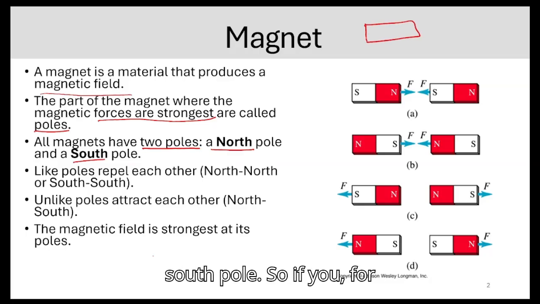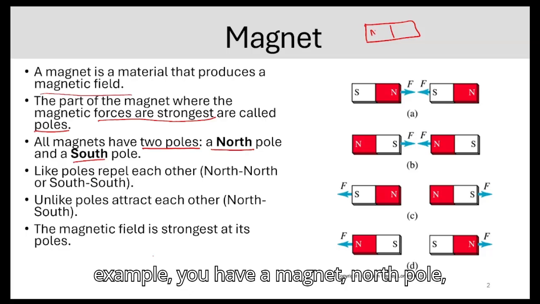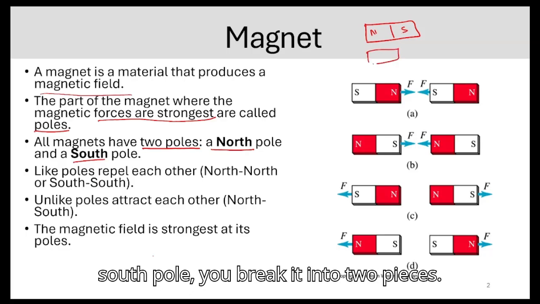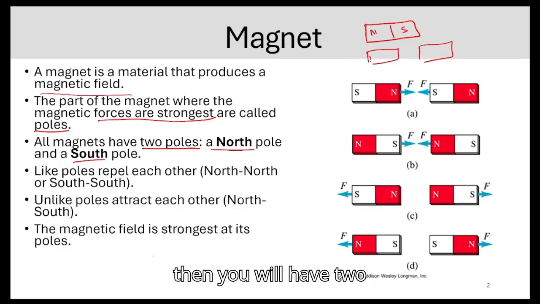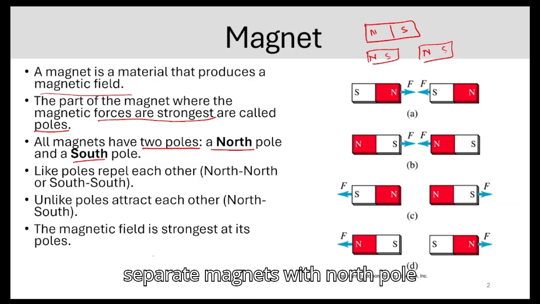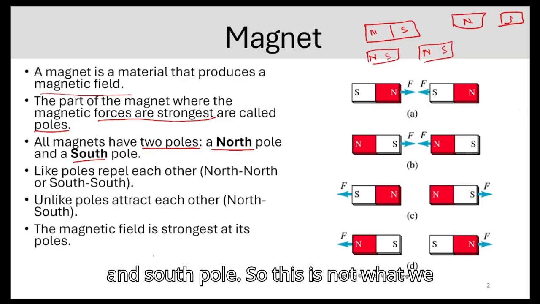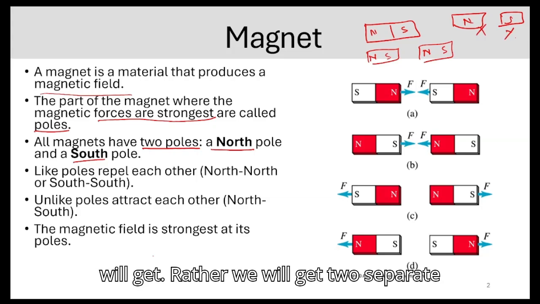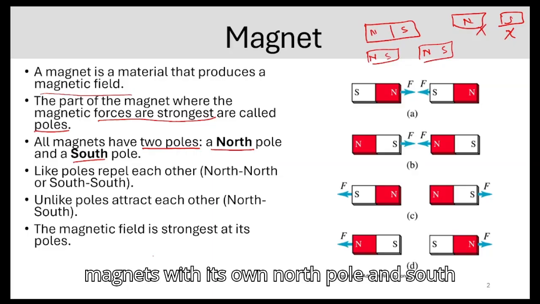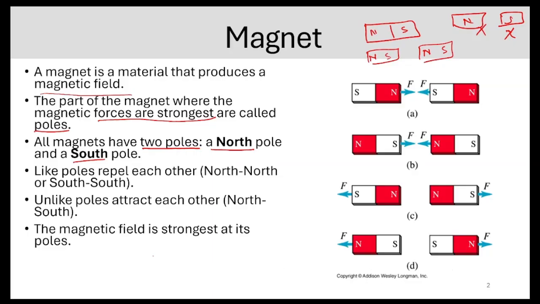So if you have a magnet with a north pole and a south pole and you break it into two pieces, you will have two separate magnets, each with a north pole and a south pole, instead of a piece with only a north pole and a piece with only a south pole. This is not what we will get.